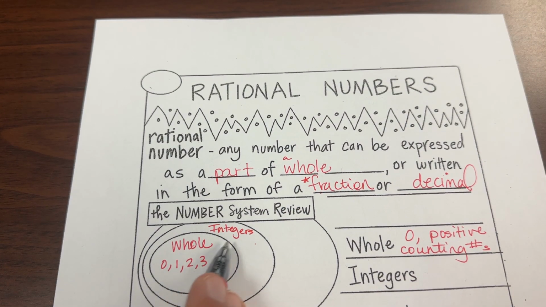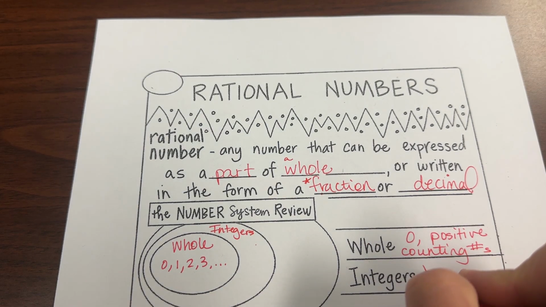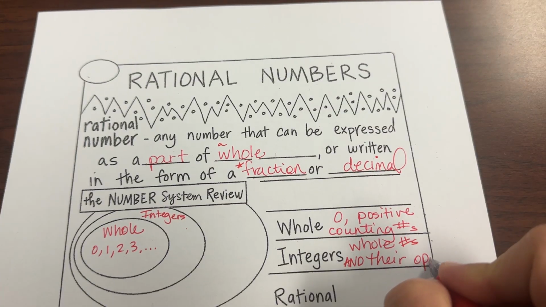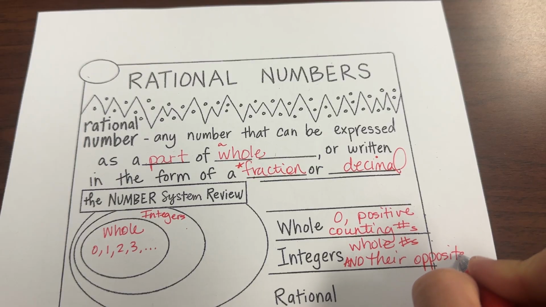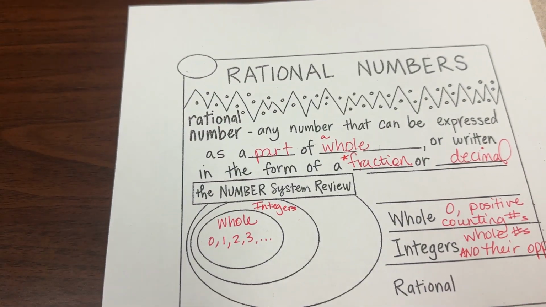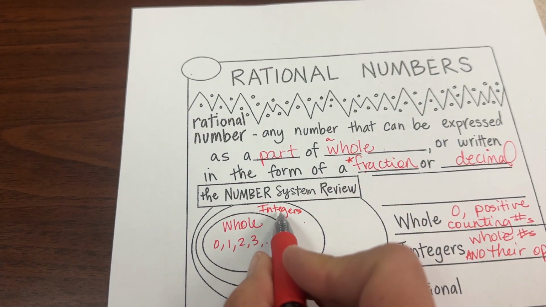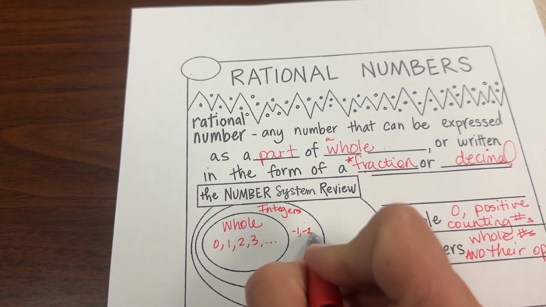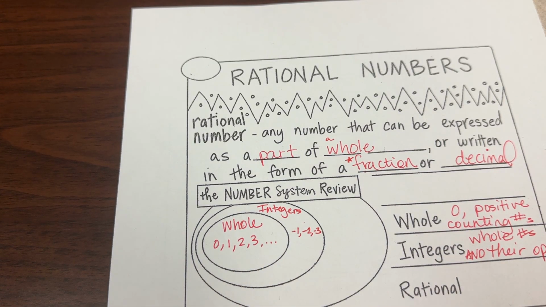So that means integers are all of the whole numbers and their opposites. So all of the opposites, those negative opposites that are opposite of the whole number. So you've got all of the whole numbers, those are integers because the circle is inside of here. And then you've got all of their opposites.